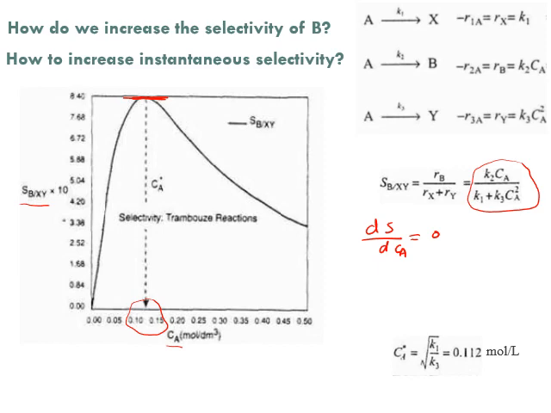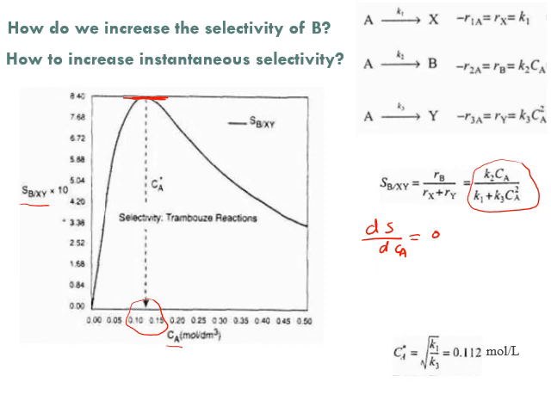The question now is, out of the available continuous flow reactors, which reactor should we use? Obviously, we should use a reactor that operates at a given concentration. Can we use a plug flow reactor?